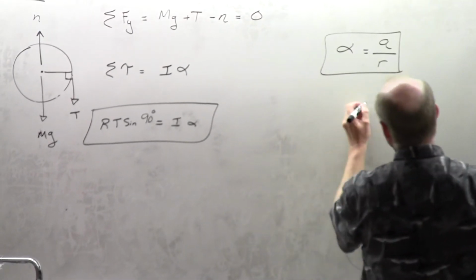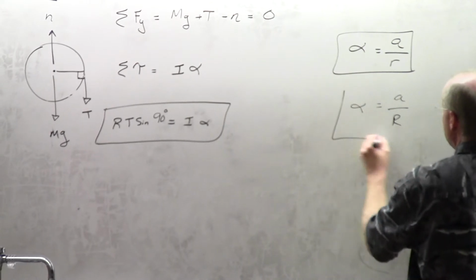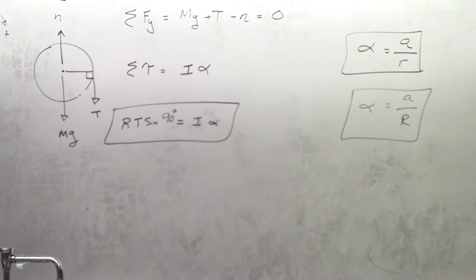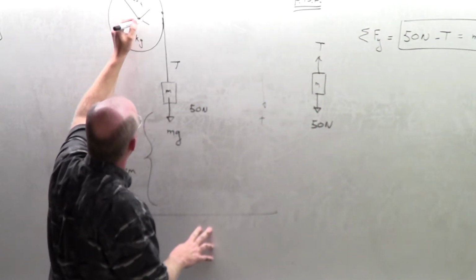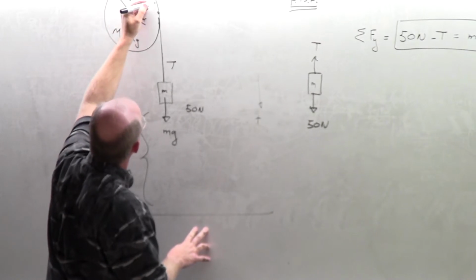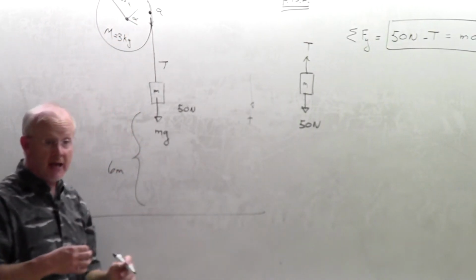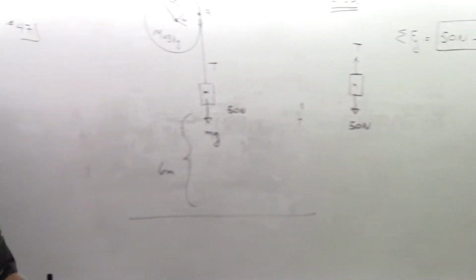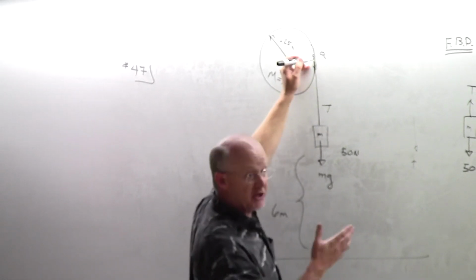Well, it can be if we let R be the total radius of this reel. Why? Well, if this has an angular acceleration of alpha, then it will make this point on the rim have an acceleration of a, because the point on the rim is at a distance of capital R. Fair enough? And then the point on the rim is the same point where the string is tied.